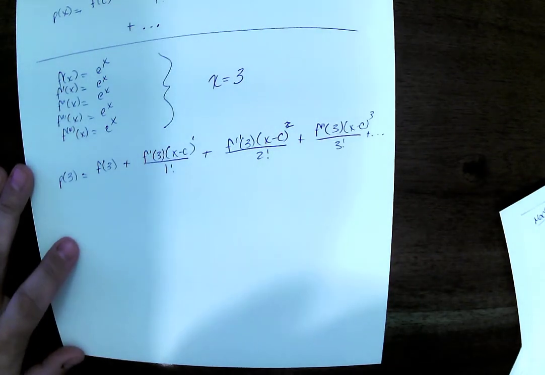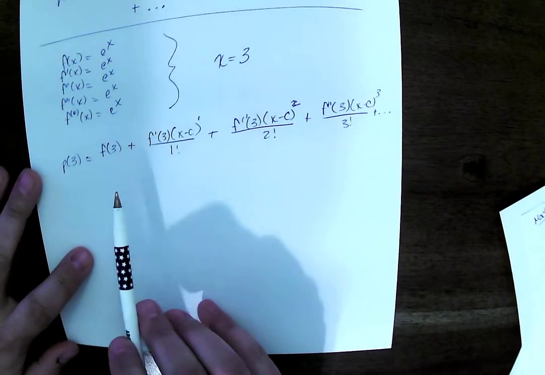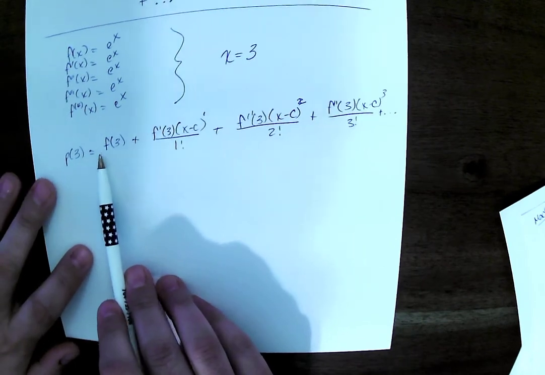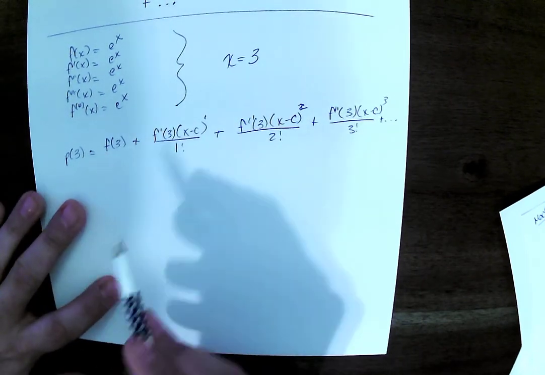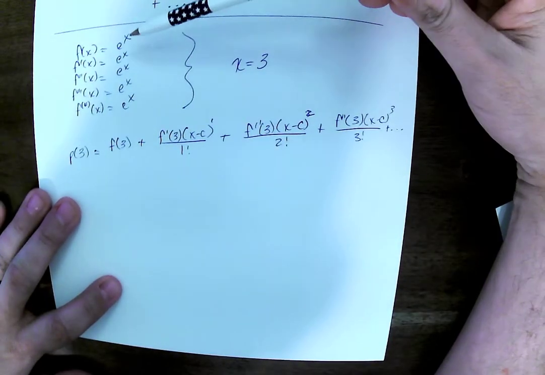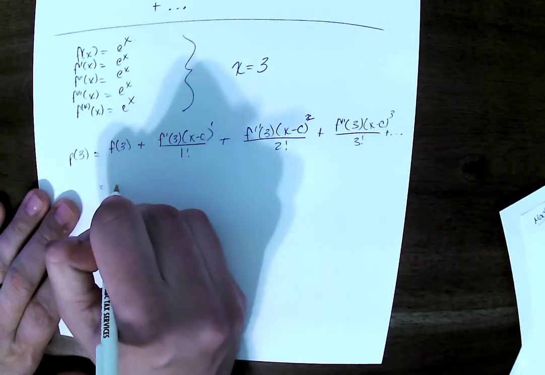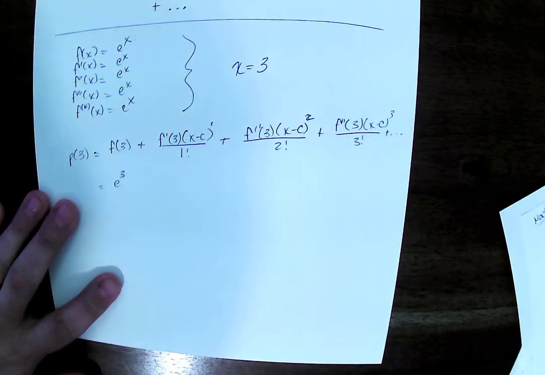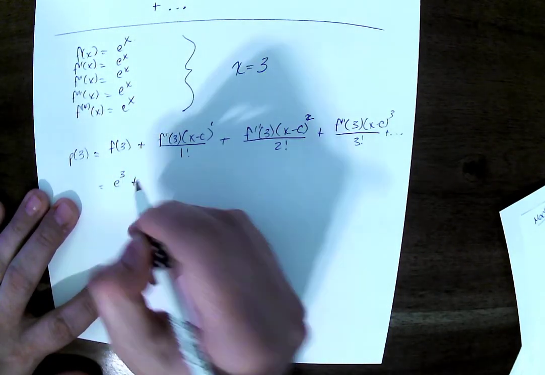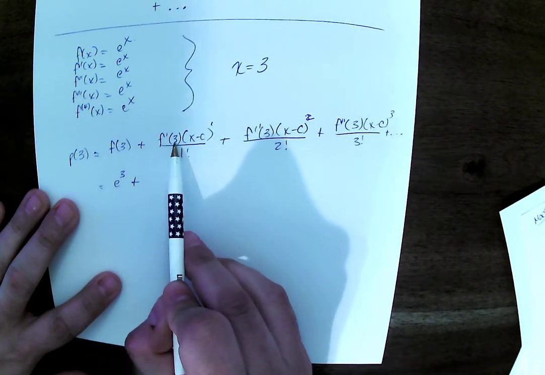So what you can also see is that this essentially works out to f of 3. If we plug this back in, this is simply e to the third power. So that equals e to the third power, plus the first derivative where x is 3.